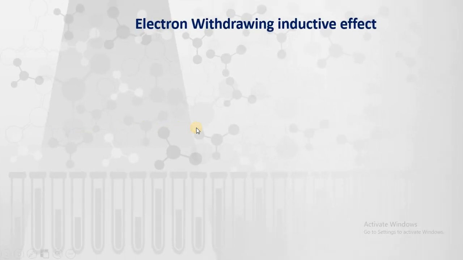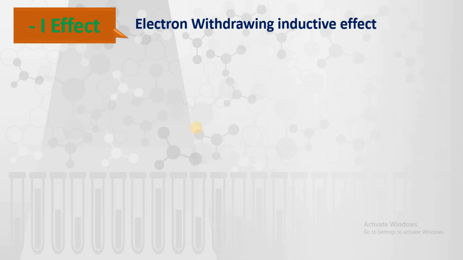Similarly, if you consider the same example for the electron withdrawing inductive effect, the minus I effect, in CH3Cl there is again a polarity, with delta positive and delta negative charges and the bond between them. This chlorine is attracting or withdrawing electrons towards itself from this CH3 group.